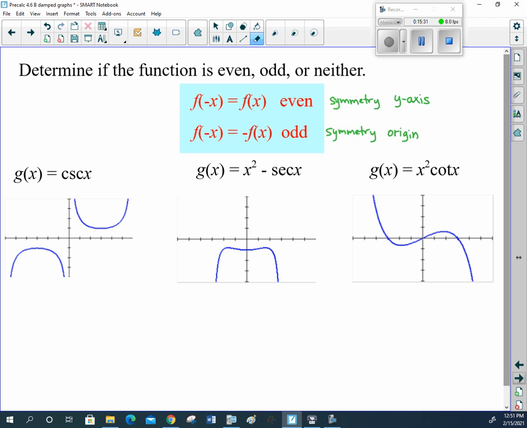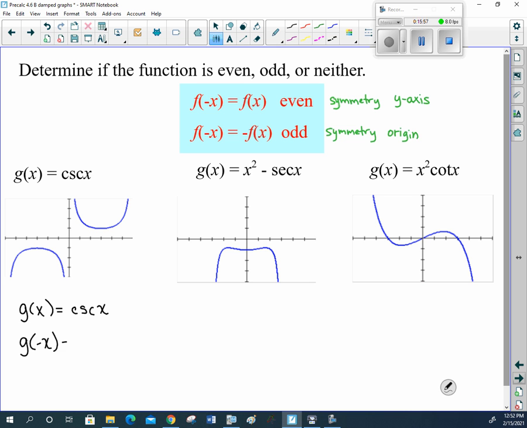So that's odd. I don't know if you remember earlier in the chapter where we talked about even and odd identities. And we talked about cosecant x. This is g of x equals cosecant x. So what happens if you put in a negative x?